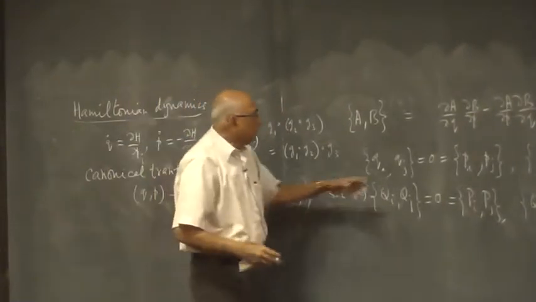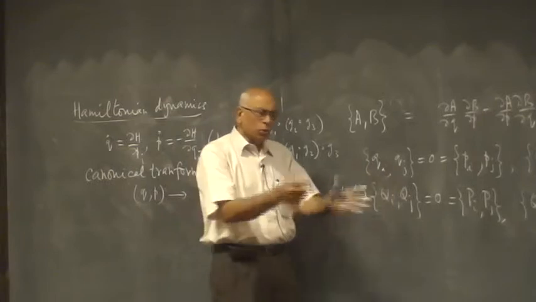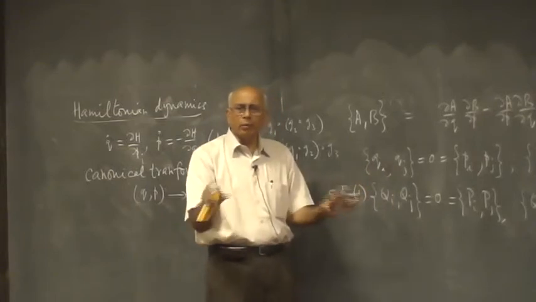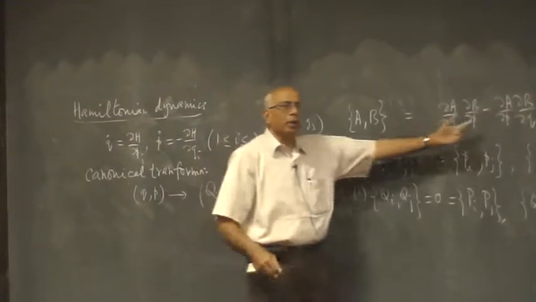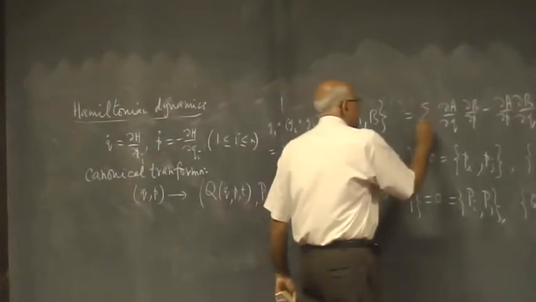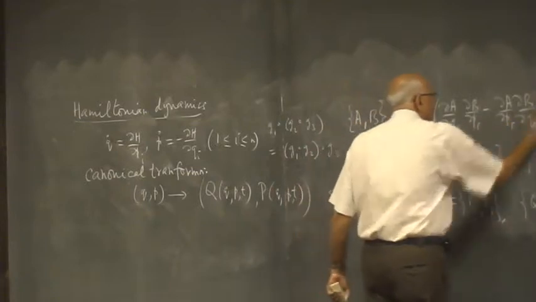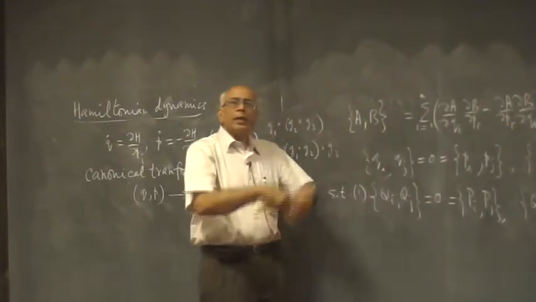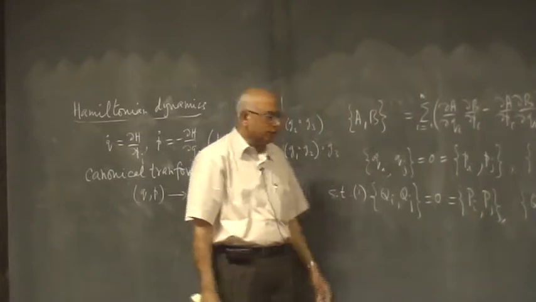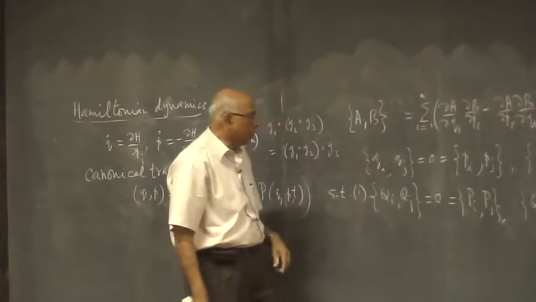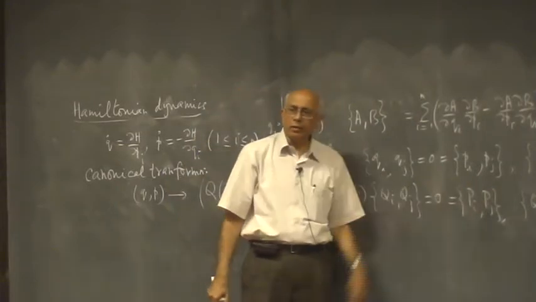By the way, you start and give me a set of generalized coordinates and momenta. I define the Poisson bracket operation to be this, summation i equal to 1 to n. And now I make a change of variables to a new set of functions, which are functions of the old variables, such that these relations are satisfied.